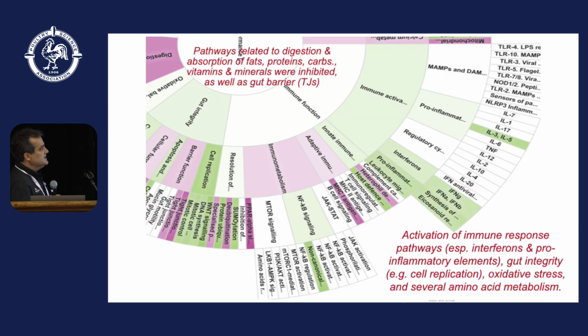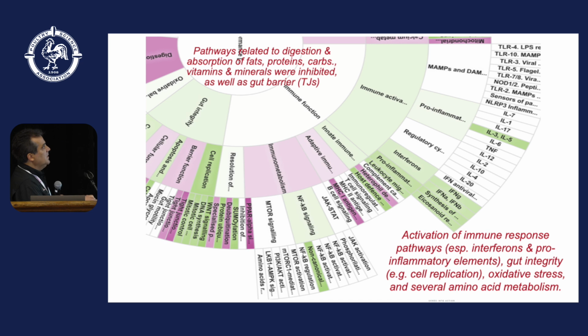And to summarize that simply is we found activation of immune response pathways, gut integrity in terms of cell replication because of more sloughing, I guess, with those flocks, oxidative stress, and several amino acid metabolism. These were basically greater abundance in the low versus the high.